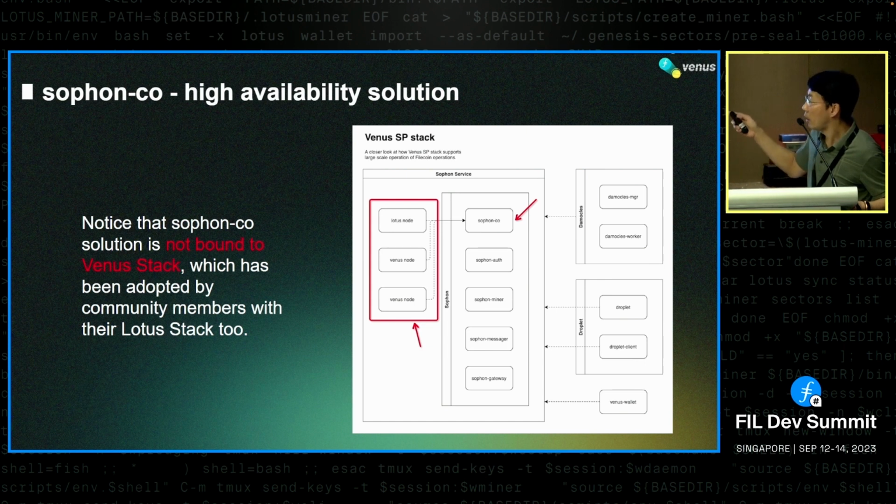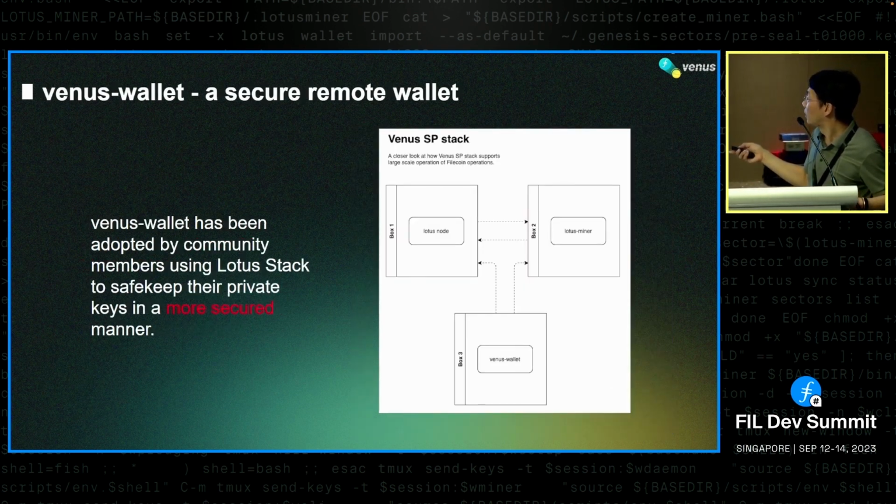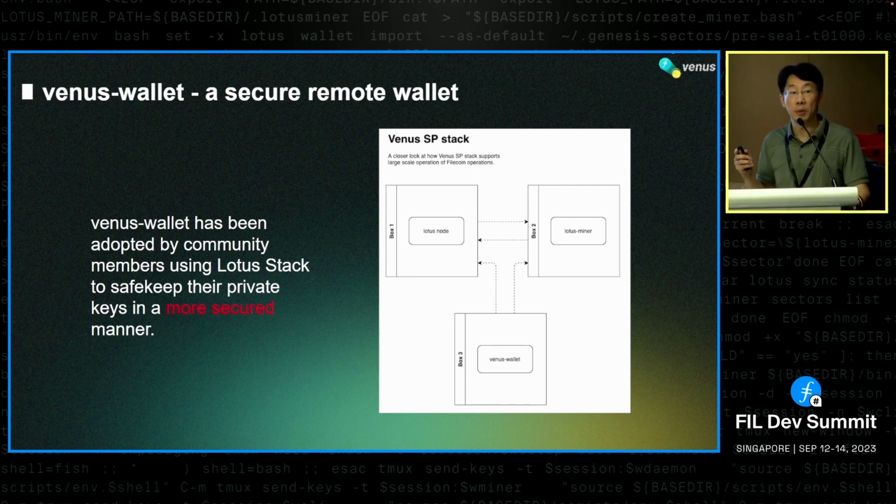Here I also want to mention that we could have Velas nodes and Lotus nodes work together. And another component is the Velas wallet. You can also call it the Sofen wallet. There is one pain point for SPs: they need to hand over the private keys to engineers to maintain the network, right?